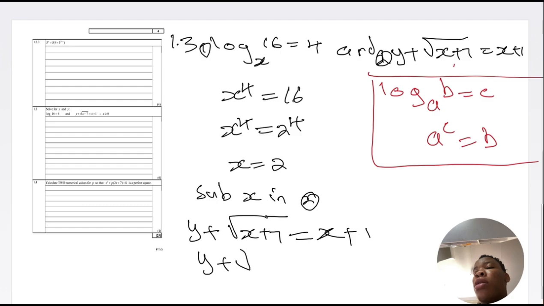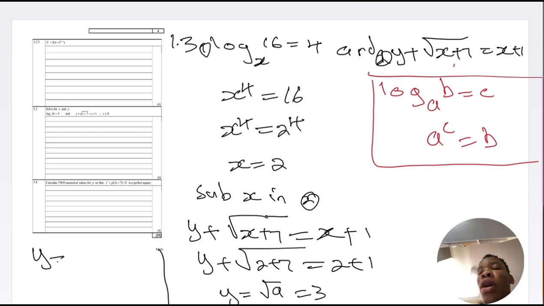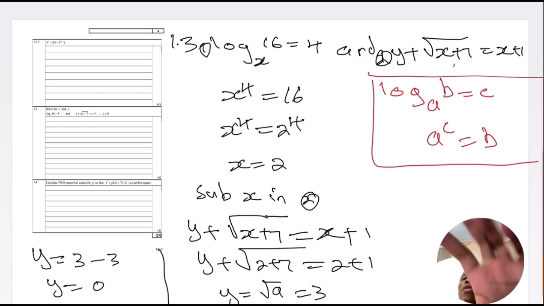Therefore, y plus the square root of 2 plus 7 equals 2 plus 1. The square root of 9 is 3, so y plus 3 equals 3, therefore y is equal to 0. Now let's go to 1.4.